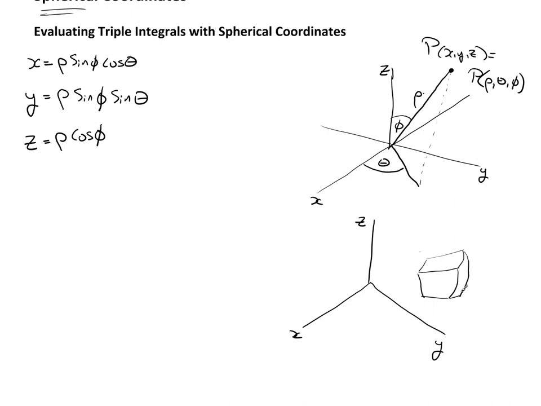So when I look at this thing in 3 space, think of this projection here as coming together to the origin. So with that, I can think about how angles are changing.